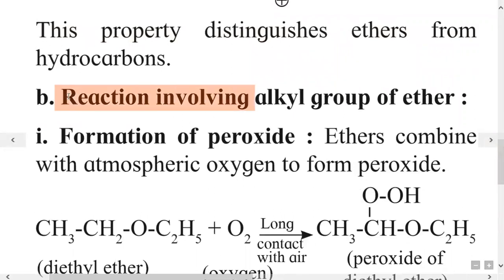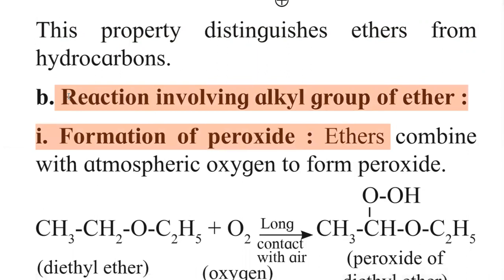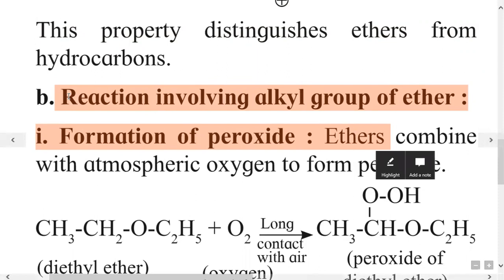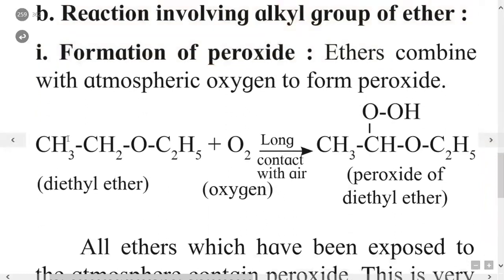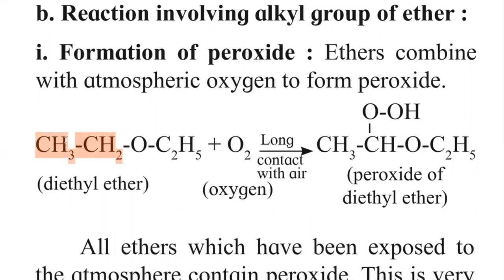Then the second chemical property of ether is reactions involving the alkyl group of ether. The first reaction under this is formation of peroxide. Ethers combine with atmospheric oxygen and form peroxide. This is an example of peroxide formation reaction. CH3CH2OC2H5, this is diethyl ether.